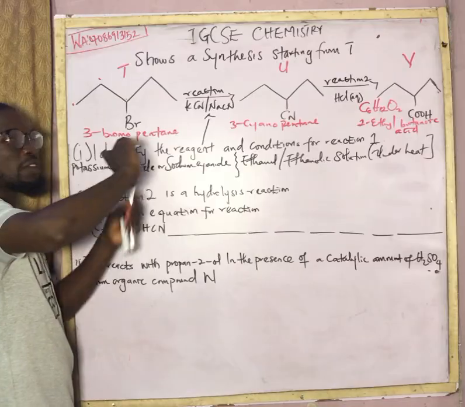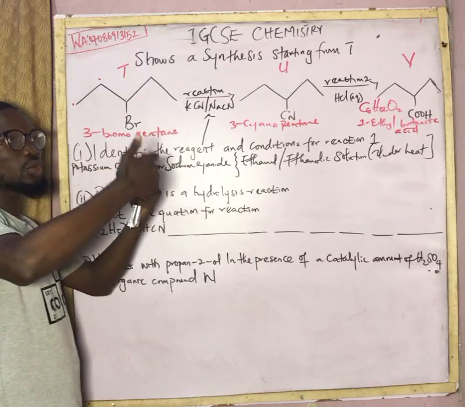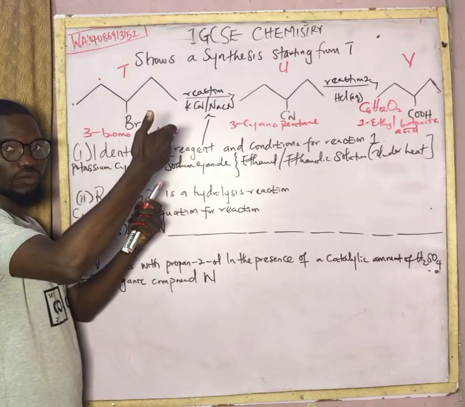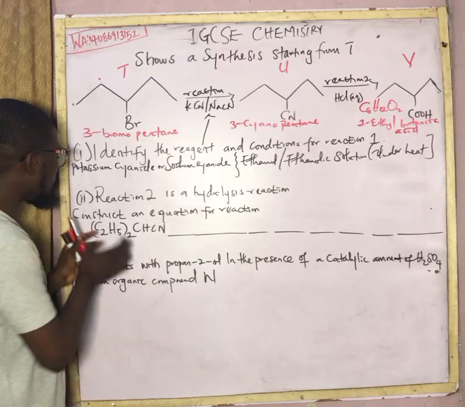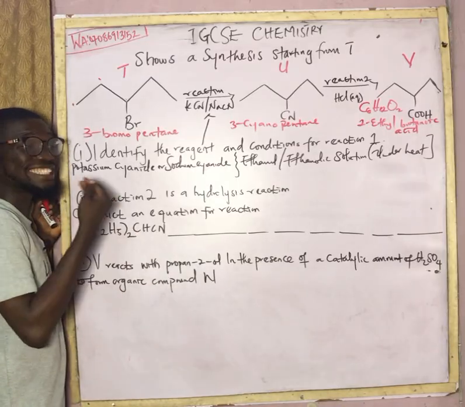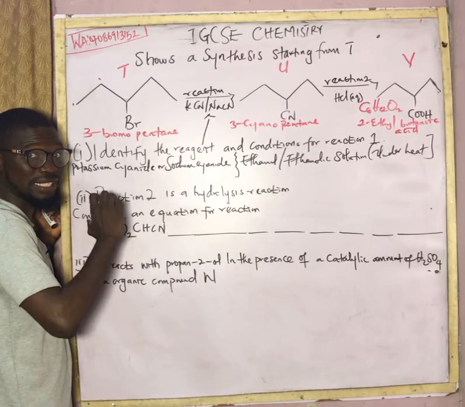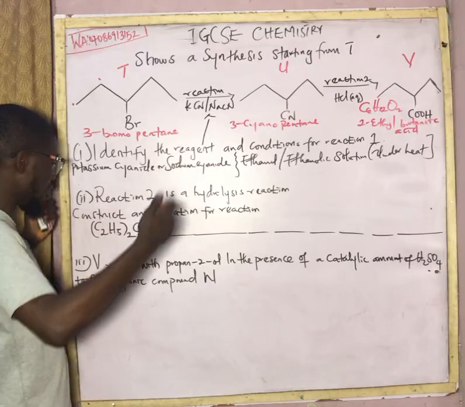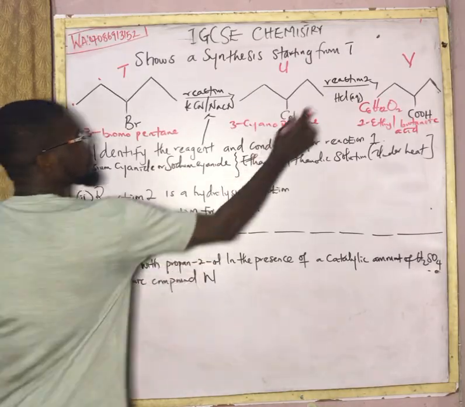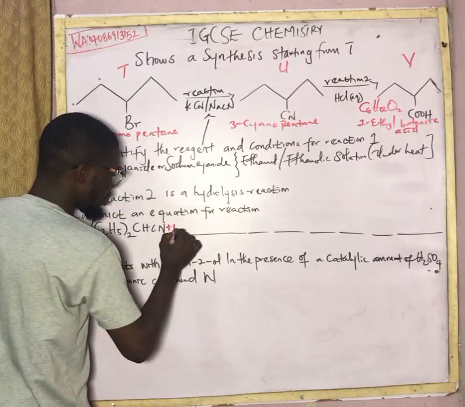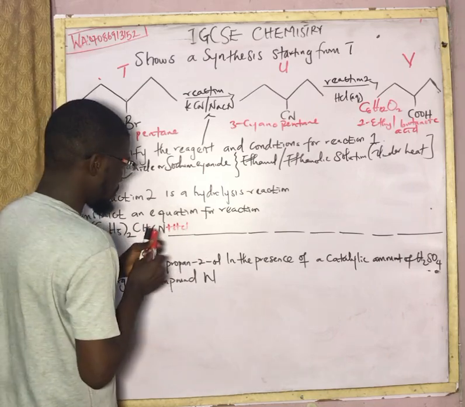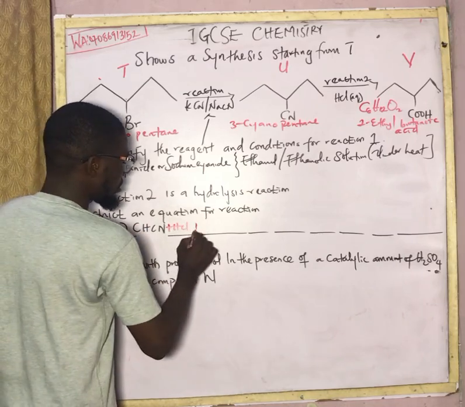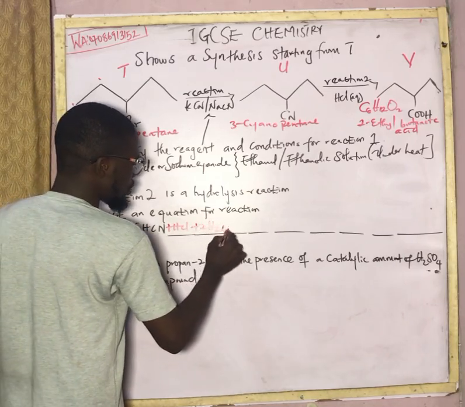And if we are asked to balance in form of ions, I'll show you guys how we can easily balance it based on ions as well. So for this, plus HCl, since we're talking about hydrolysis, plus 2H2O.